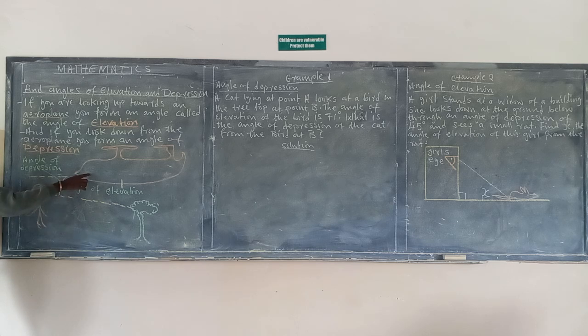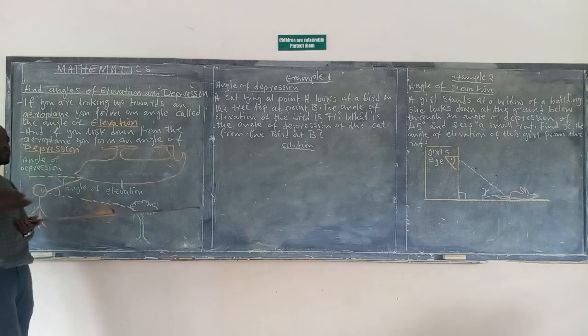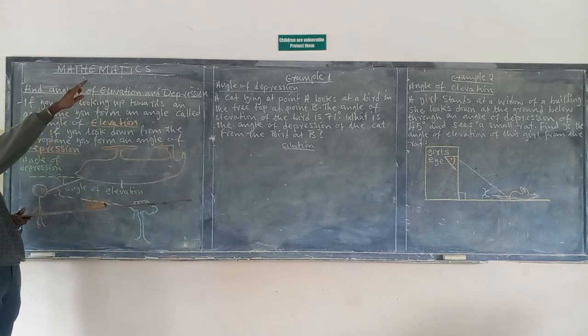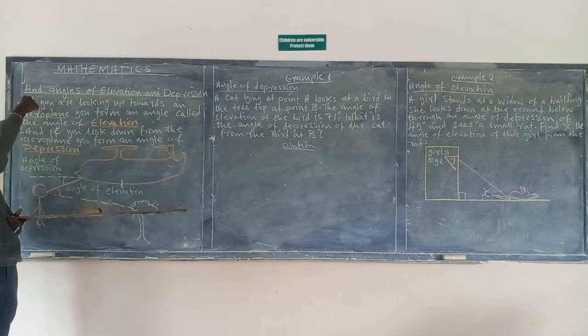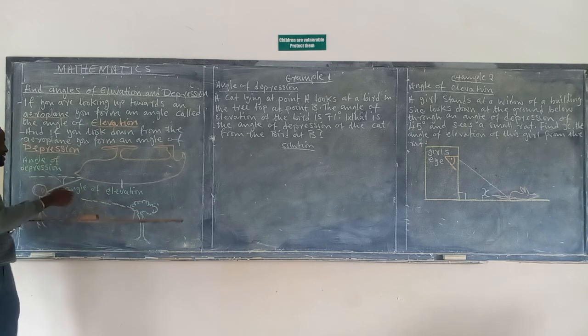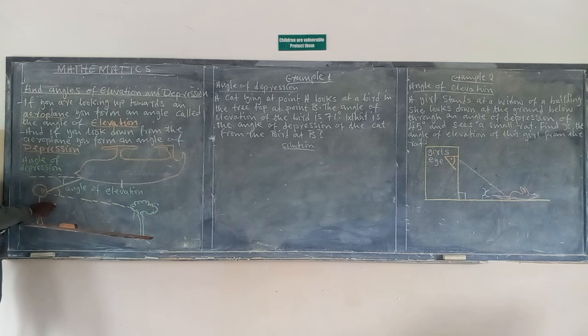As he looks towards the aeroplane, he's forming an angle of elevation. So this angle here is the angle of elevation because this is the ground level. When I look towards the plane there, I form an angle of elevation. So this is the angle of elevation that Jasmine is forming.